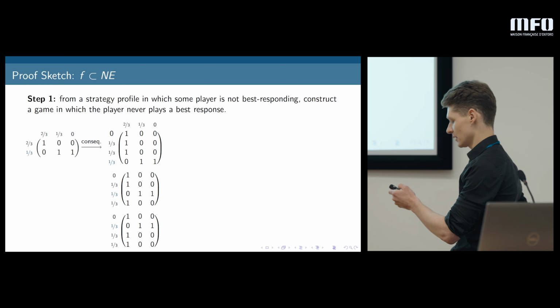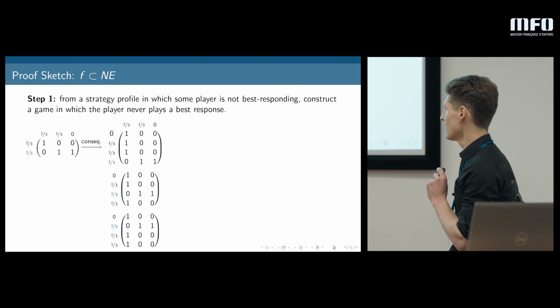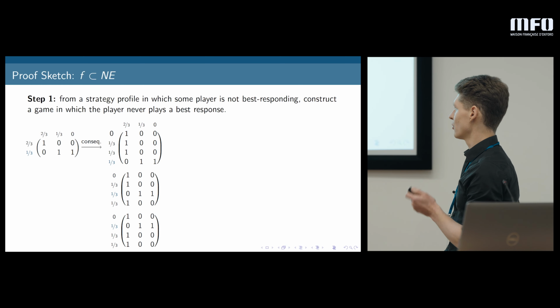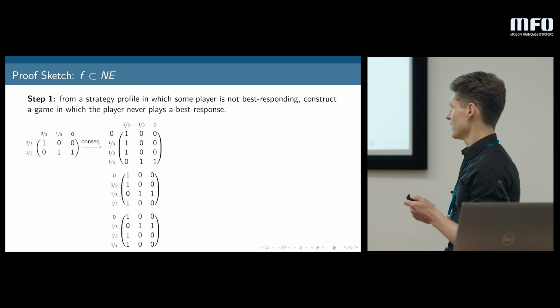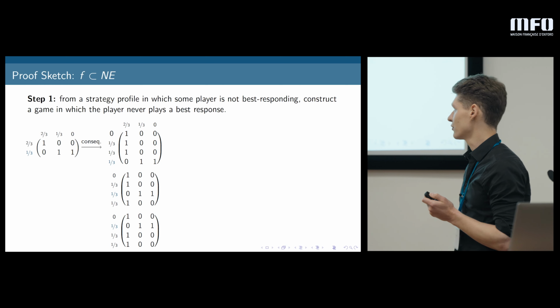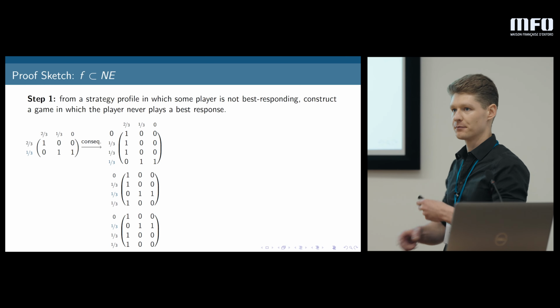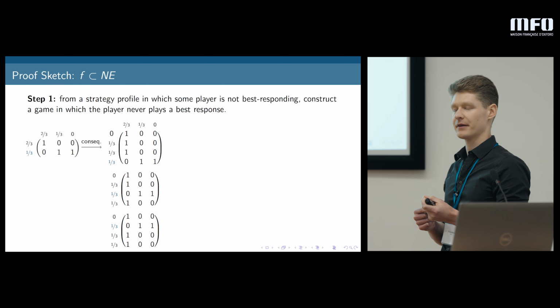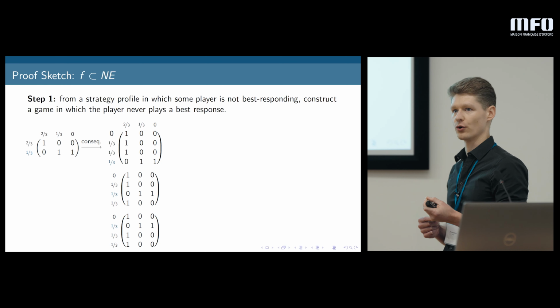Good. And now another application of consequentialism, or one of the consequences of consequentialism, is that you can permute the actions of a player and the strategy gets permuted accordingly.